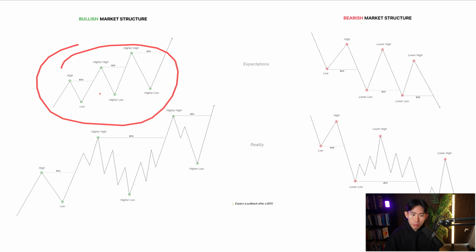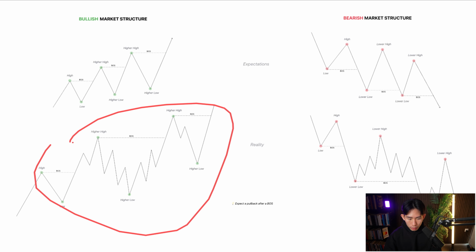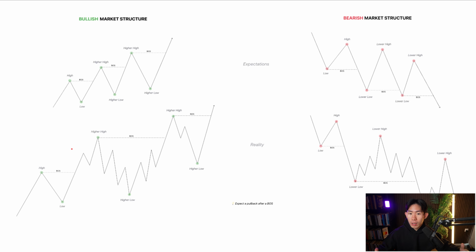That's just fantasy. Because this is what the market tends to do, right? But like I said, if you just apply the same principles, which means in a bullish market structure, price is creating higher highs and higher lows, then you'll be fine, right? You will still be able to identify structure properly. So using this example right here, let me map that up.